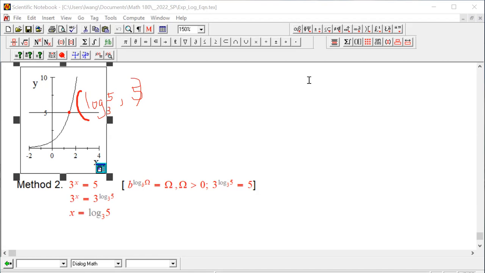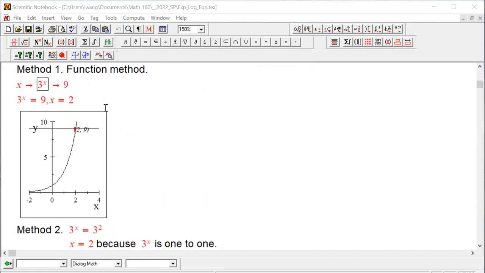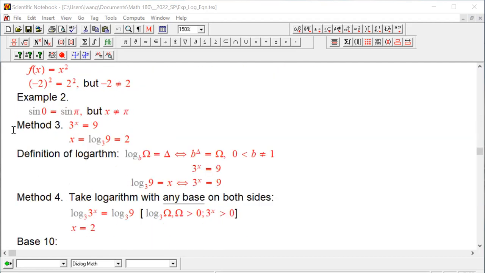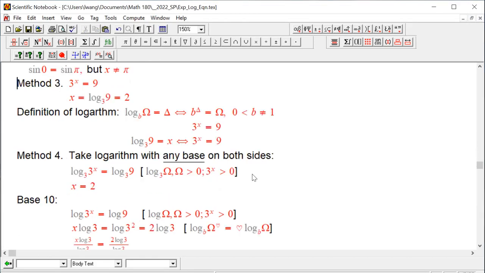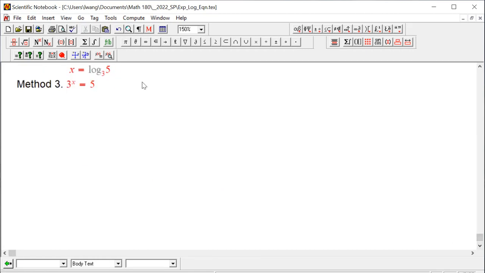Without further ado, we did method 1 and method 2, and we still used this one-to-one function. Method 3, we use the definition. So let's look at method 3. How do we use the definition to solve this equation, to identify the input such that the output is the given value? So what is the definition?